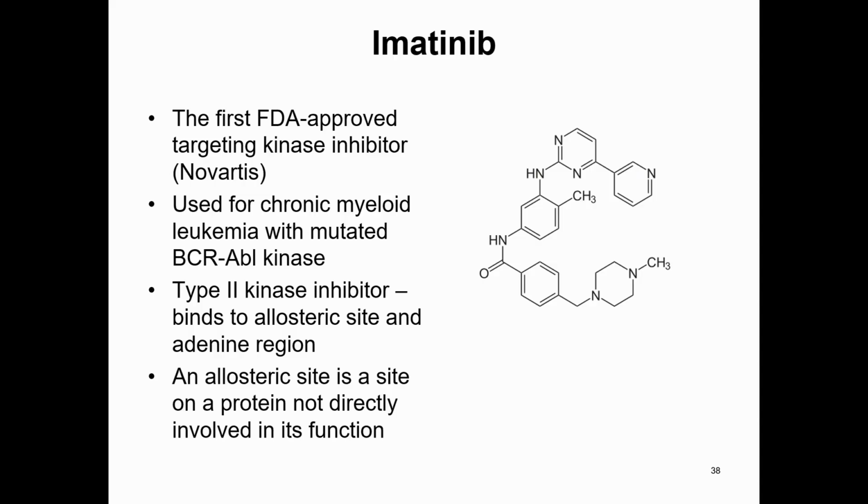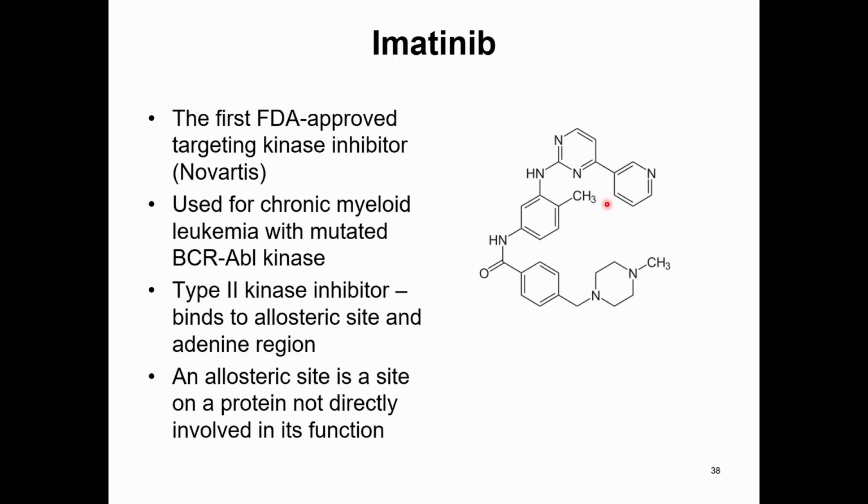Part of it is BCR, and part of it is the ABL kinase. And when that translocation occurs on chromosomes, it makes a fusion gene called BCR-ABL, which makes a fusion protein called BCR-ABL kinase. And that's a hyperactive kinase that leads to upregulating cell growth and cell division. So that's why it causes cancer.